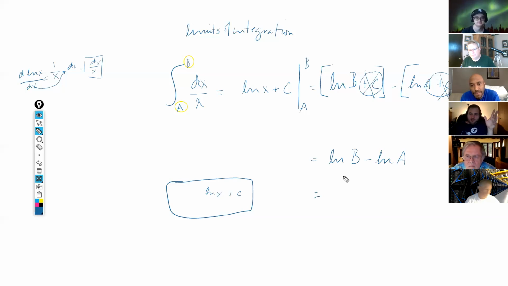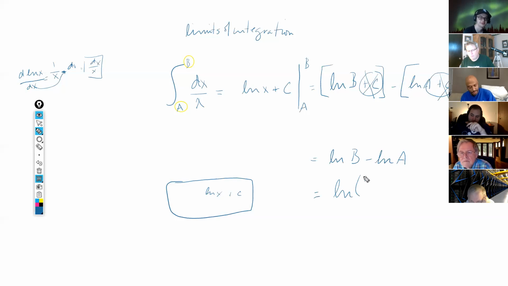Change of b. No. These are natural log functions. Remember the rules of logs. Jacob, are you there? Isn't it a natural log? Yeah. Natural log of b over a.